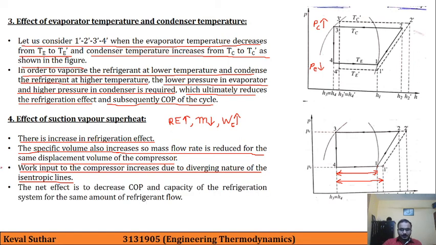So the net effect will be a decrease of COP, and a decrease in capacity of the refrigeration system for the same amount of refrigerant flow. However, still this is beneficial because it ensures that the entire compressor will be functioning in the vapor region only. So there will not be any kind of damage to the compressor, which happens in case of wet compression.